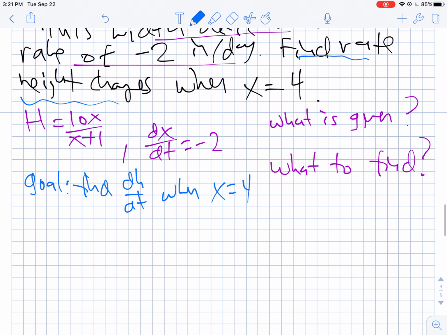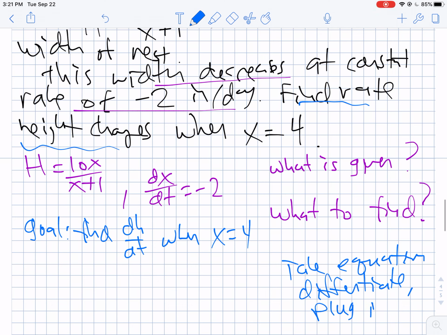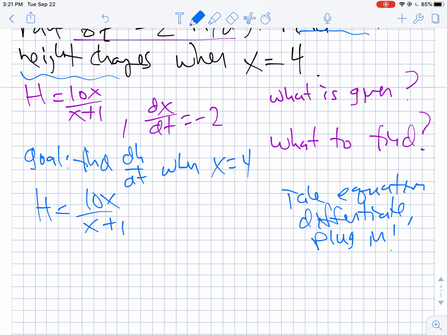Okay, so once we know what's given and what we have to find, let's now just take the equation and do what we've been doing in the last video, differentiate and then plug in. Okay, so I'm going to start with h equals 10x divided by x plus 1. So when I take the derivative of this, I'm taking a derivative, again, with respect to time.